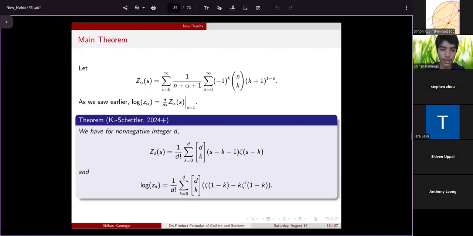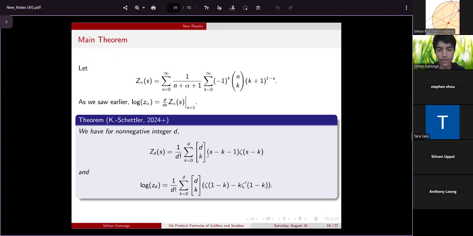So in our main theorem, we explicitly evaluated both of these, the Zds, in terms of the Riemann zeta function. And this is for integer d greater than or equal to 0.